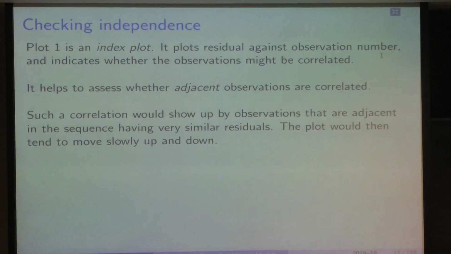If you did have that, you would tend to get similar residuals for adjacent observations. So you would tend to get a pattern where you didn't get what looks like a random scatter in the plot. You would tend to get one value close to the next value, so things would be going up and down more slowly.